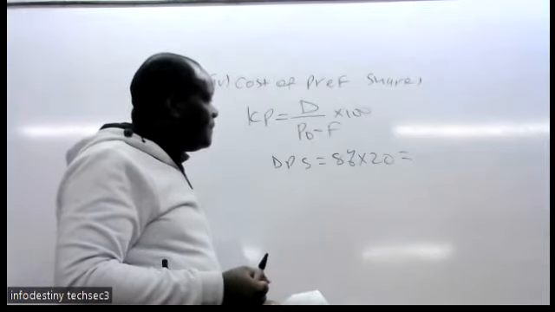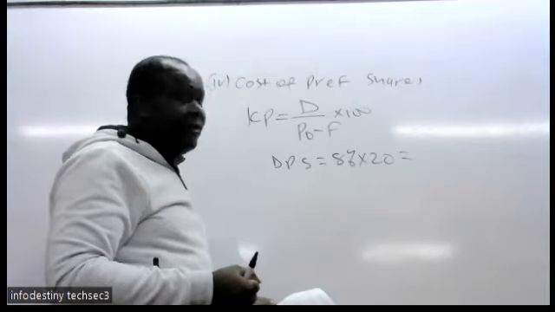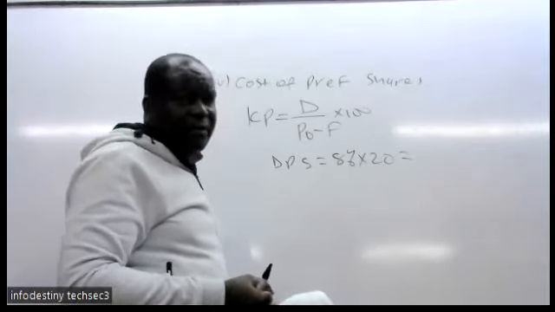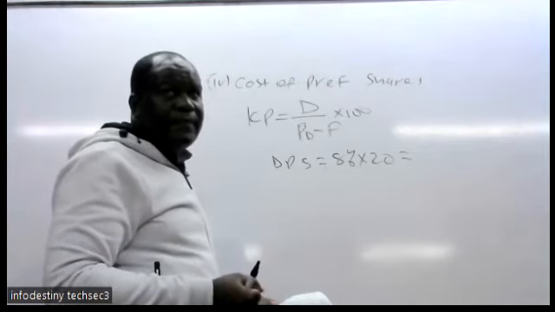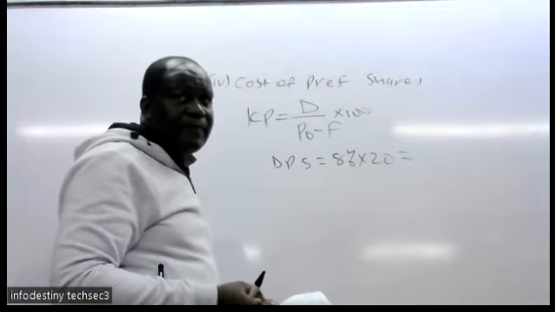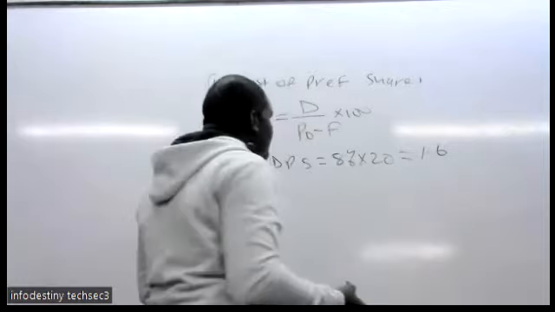The dividend is calculated on the par value. So what should be 8% of 20? So we got 1.6.